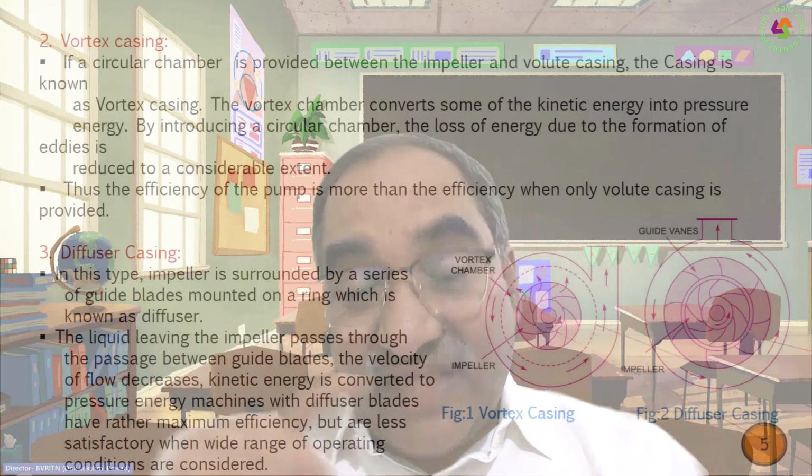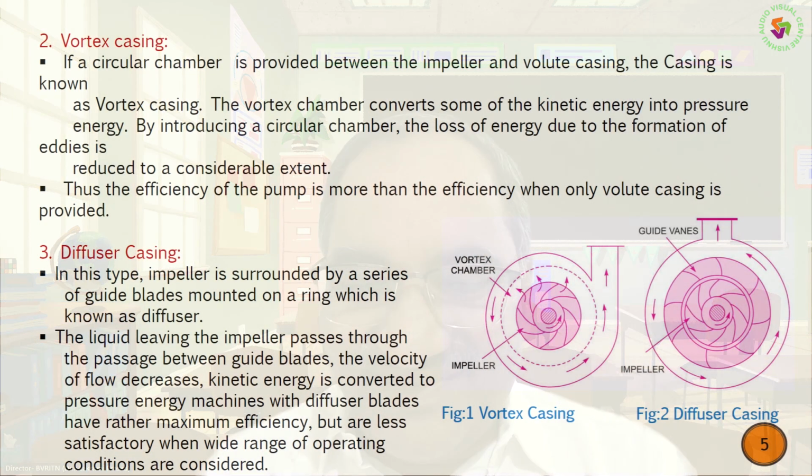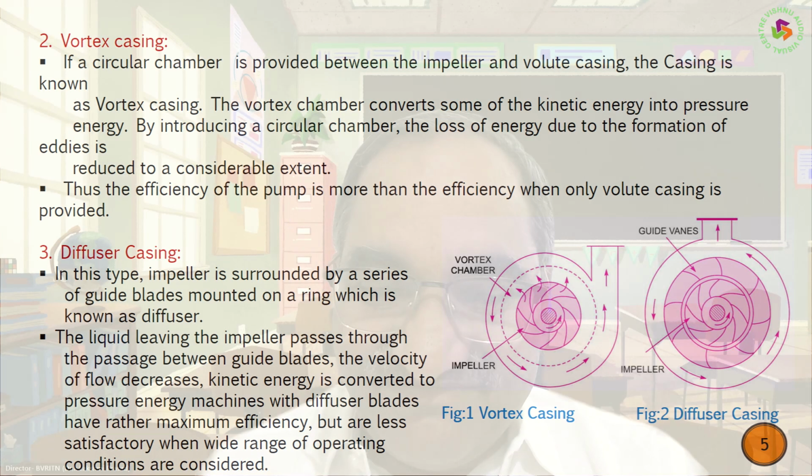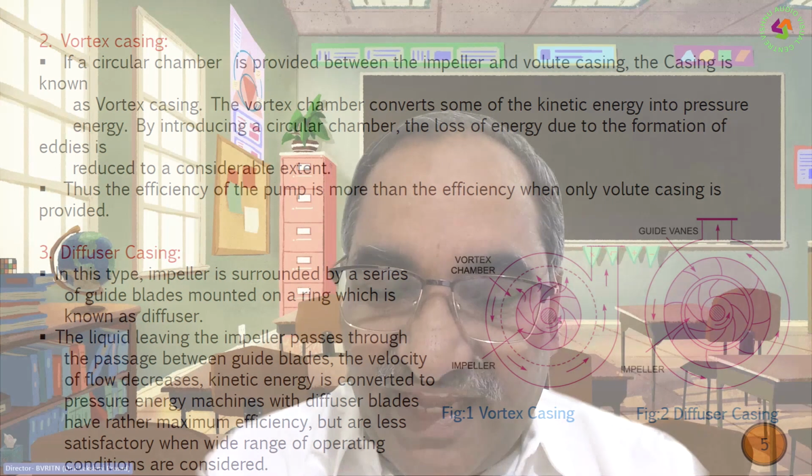So, surrounding the impeller is the casing. Casing has a hydraulic function. Its cross sectional area goes on increasing. It helps in converting the kinetic energy into pressure energy.